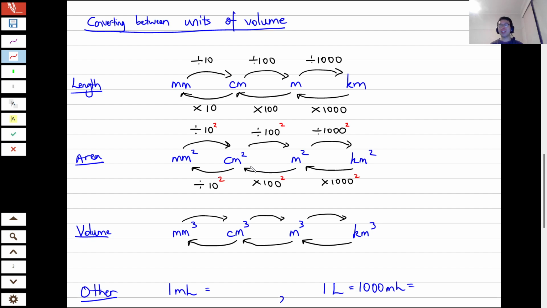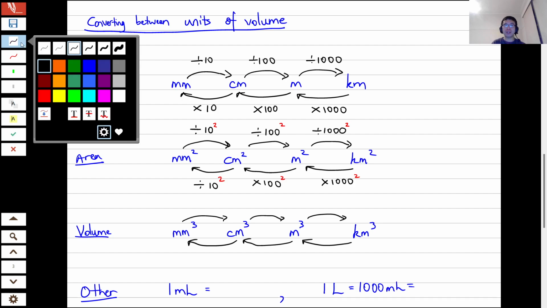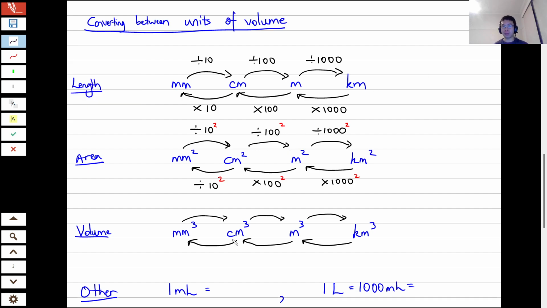And that's what's indicated by the little 2 drawn in red there. In the last page, we deduced that to convert from cubic centimeters to cubic millimeters, I needed to multiply by 10 cubed.